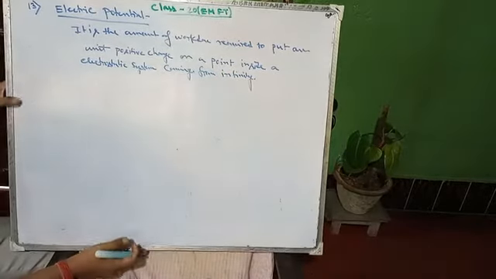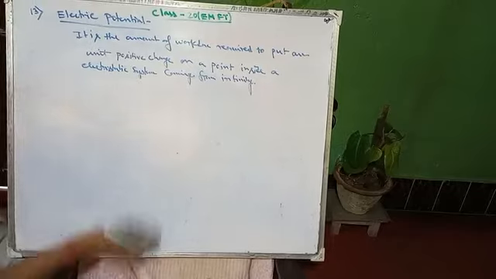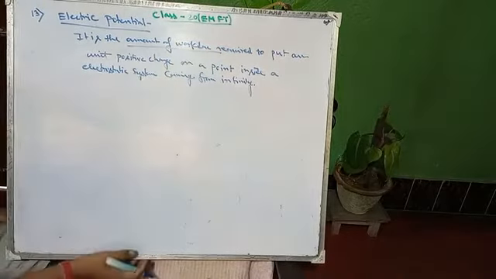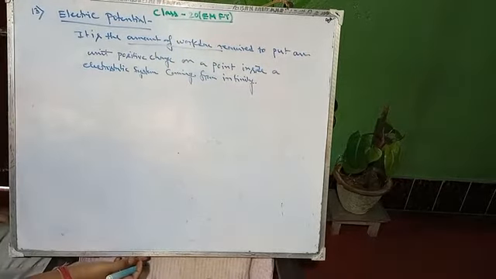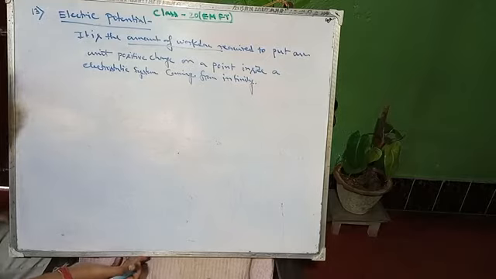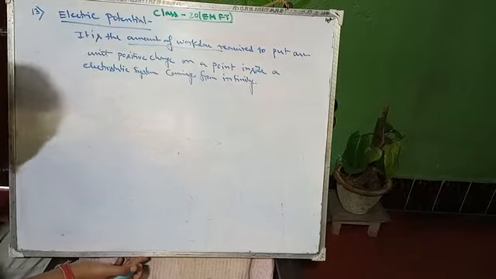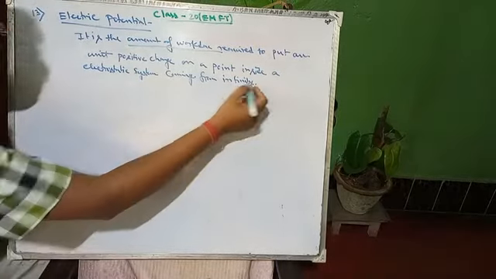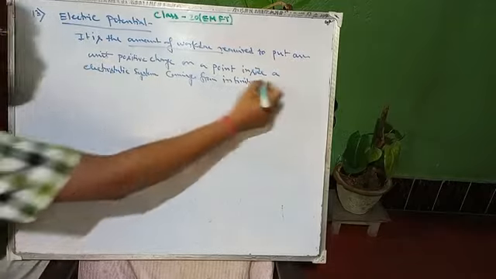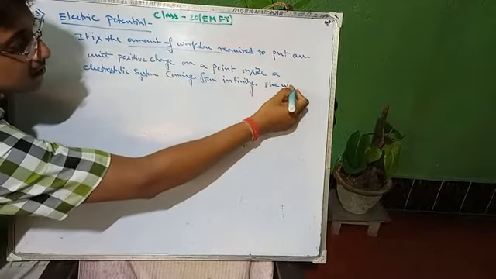So electric potential is nothing but the amount of work done required to put a unit positive charge on a point inside the electric field system coming from infinity.